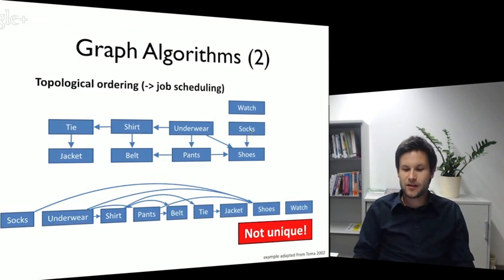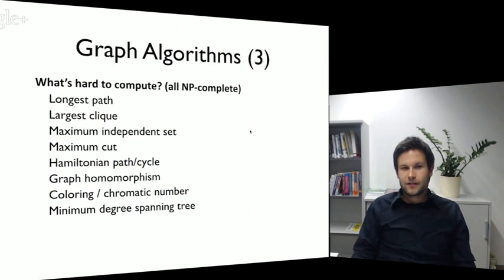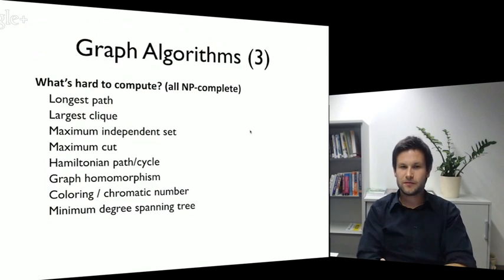And these are all graph theory problems. There are graph algorithms that are really hard to compute, like finding the longest path in a network. It's NP complete. So there's no solution which works in polynomial time. It's always exponential.